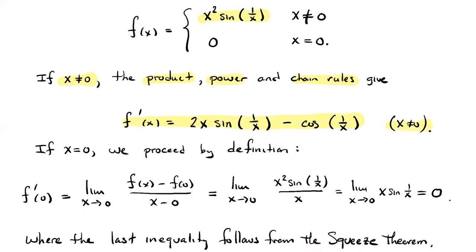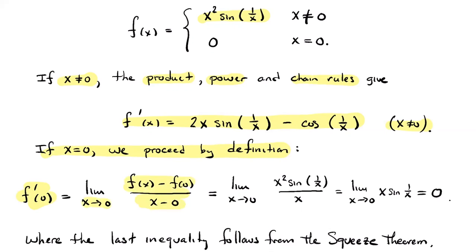I want f to be differentiable on the whole real line, so I have to tackle the derivative at 0, but the formula above doesn't govern the function when x is 0, so I have to do it by definition. To calculate the derivative at 0, we proceed by the limit definition. The derivative of this function at 0, if it exists, is given by the limit of the difference quotient.